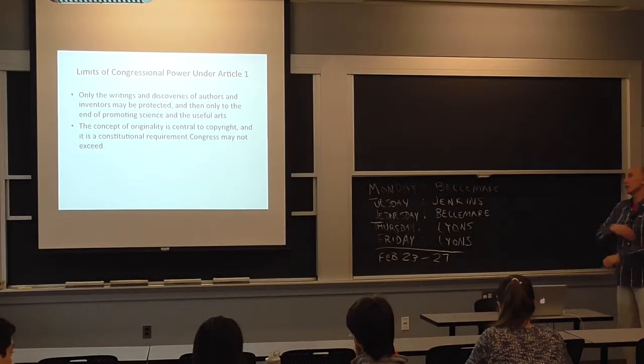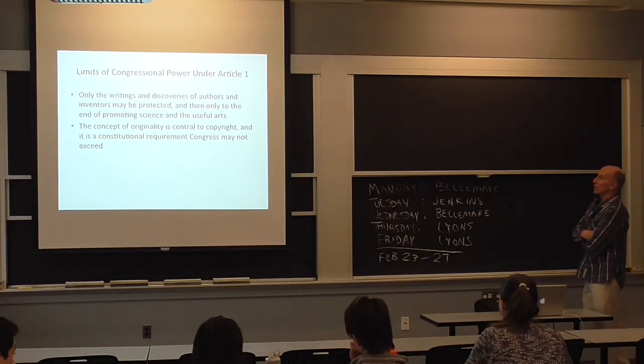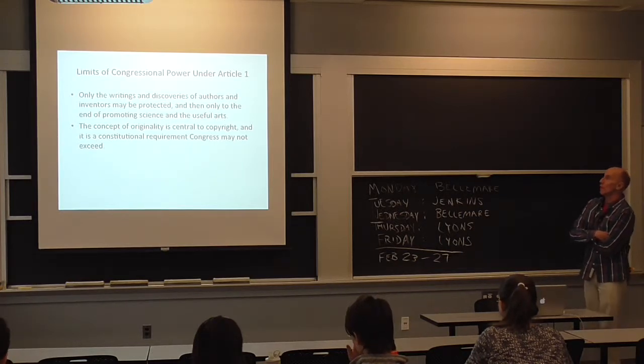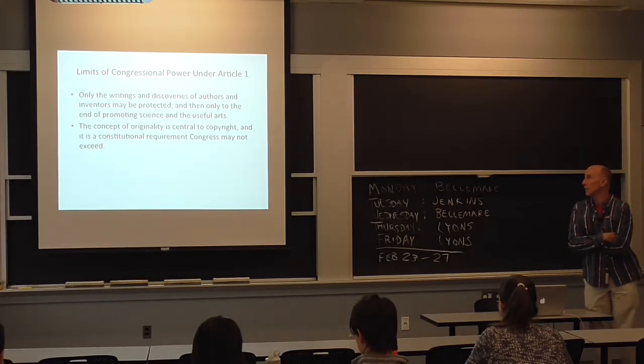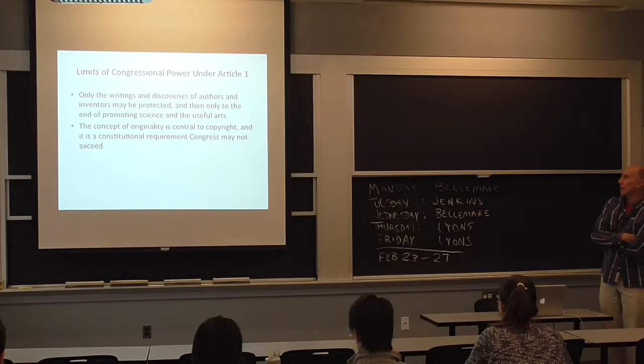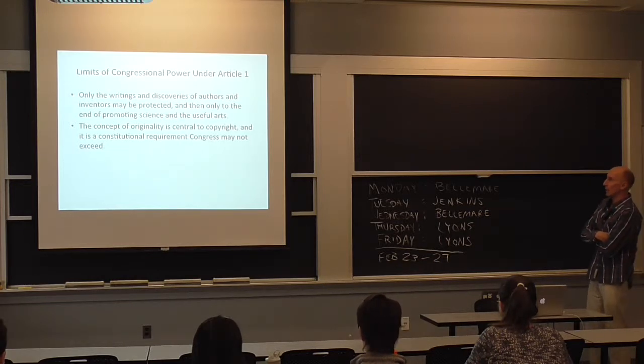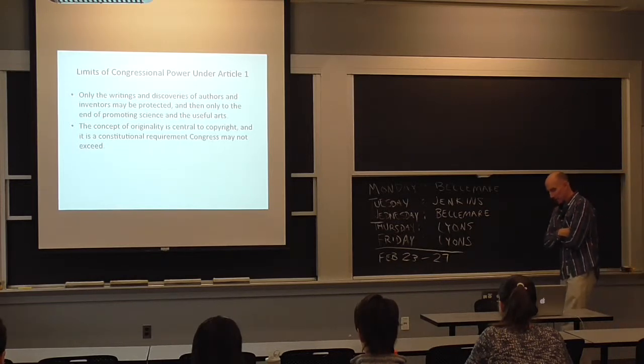The limits of congressional power are that only the writings and discoveries of authors and inventors may be protected, and then only to the end of promoting science and the useful arts. And the concept of originality is central to copyright, and it is a constitutional requirement that Congress may not exceed.